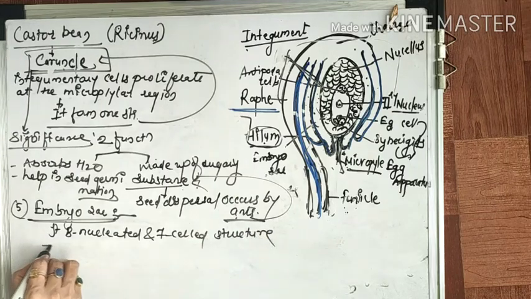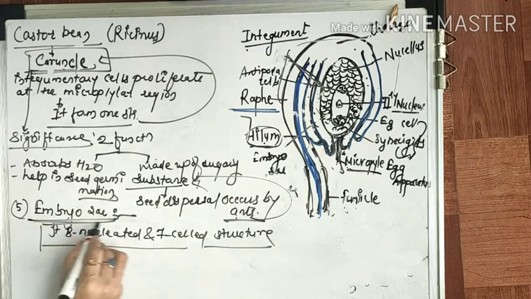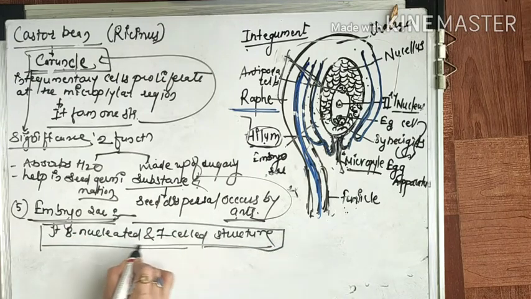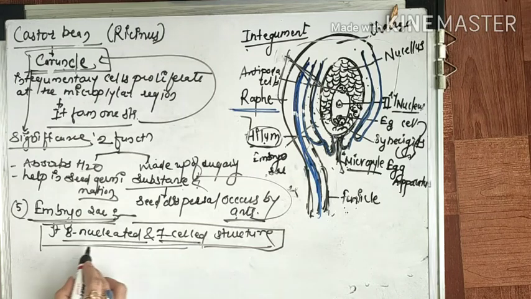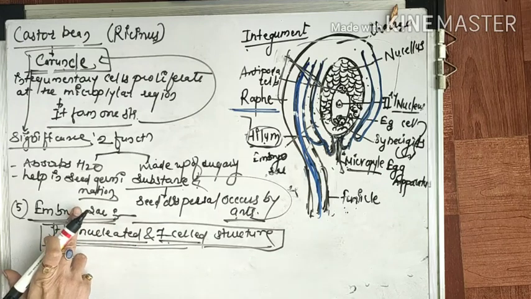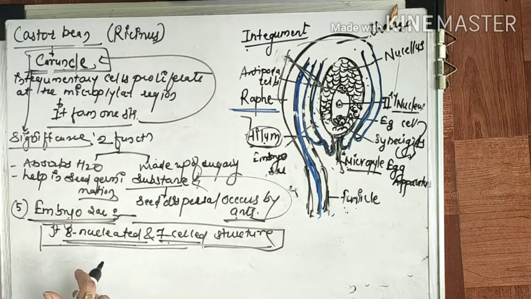This is very important. The embryo sac contains 8 nuclei and 7 cells. This 8-nucleated, 7-celled structure is known as the embryo sac.